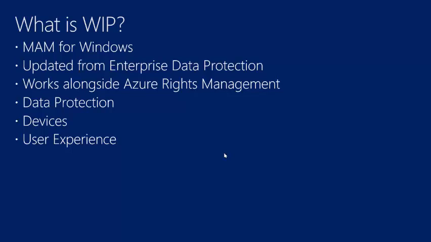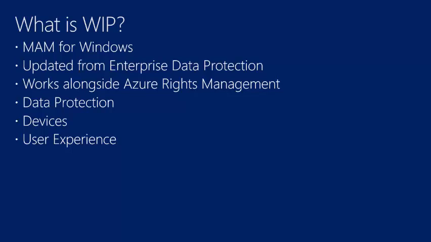So Windows Information Protection has actually been around a little bit. It first started as a technology called Enterprise Data Protection, so Windows Information Protection is an evolution of that. Windows Information Protection also makes use of Azure Rights Management to do certain things like protect email attachments or extend protections to data that might leave a device and so on.